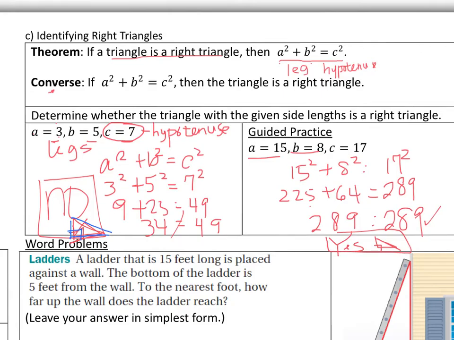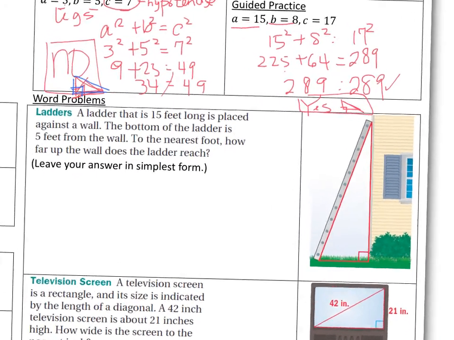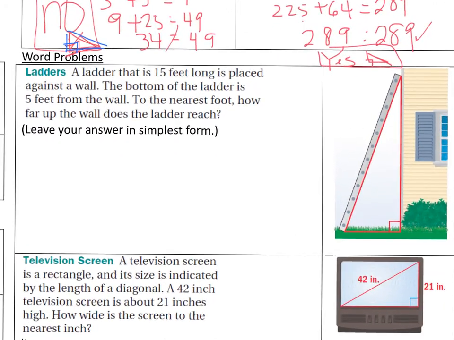Okay, let's take a look at some real-life word problems. A ladder that is 15 feet long. Okay, so it tells us that this ladder is 15 feet long, is placed against the wall. So here we have the wall. The bottom of the ladder is 5 feet from the wall.